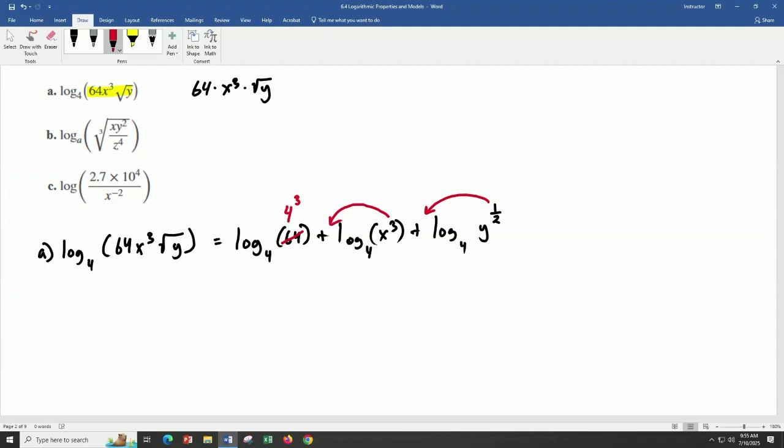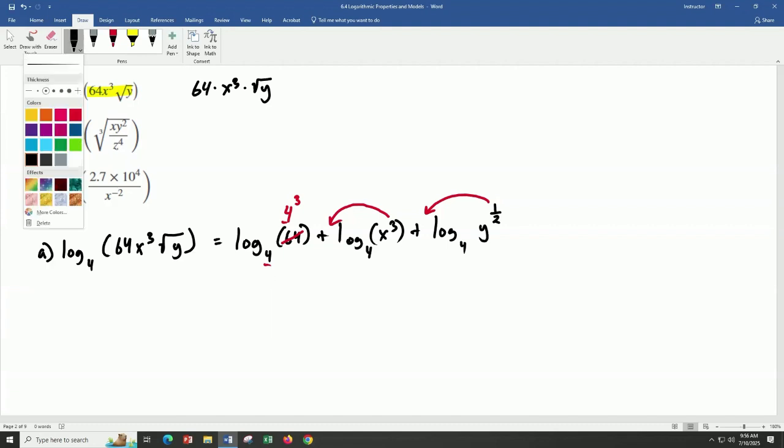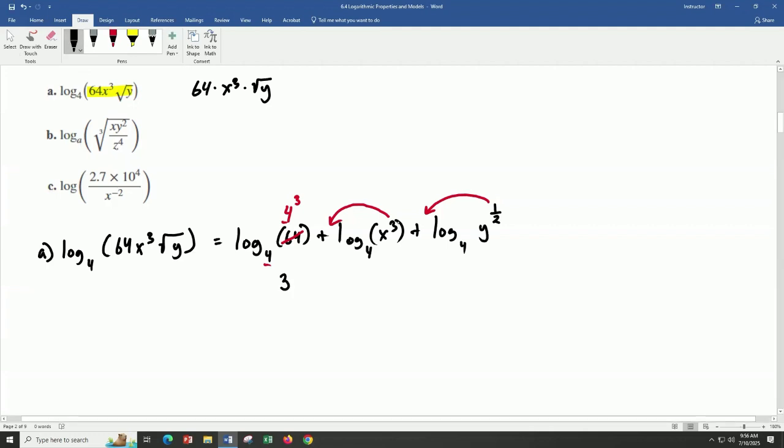Knowing that that's an inverse, one of our rules says when I have a 4 here and a 4 here as the base, I can just write that now as simply a 3. And so this one here will become 3 plus, let's look here, 3 log base 4 of x plus, here I've got this 1/2, log base 4 of y. And that's about as simplified as we can get this one.